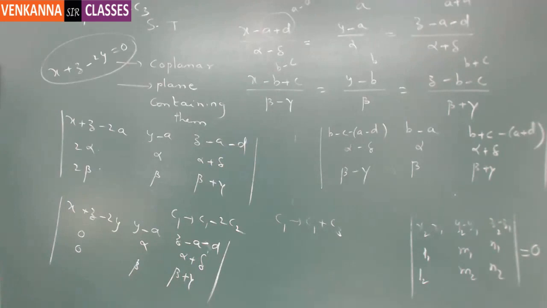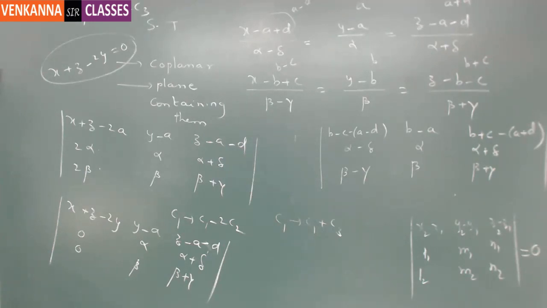Then the first two columns will become identical, hence the determinant will be 0. Either one column is completely 0, or two columns are the same, so that is 0. That's it.